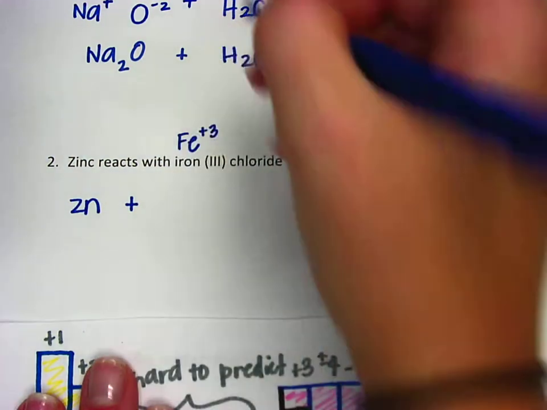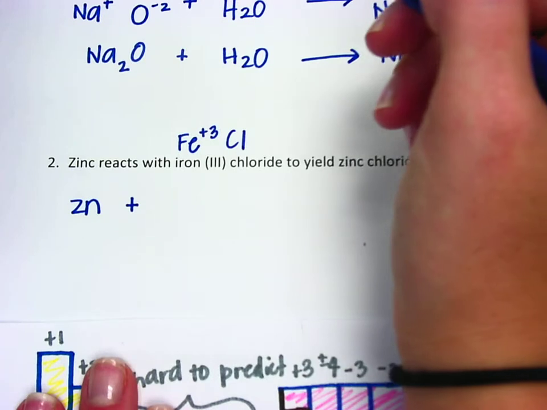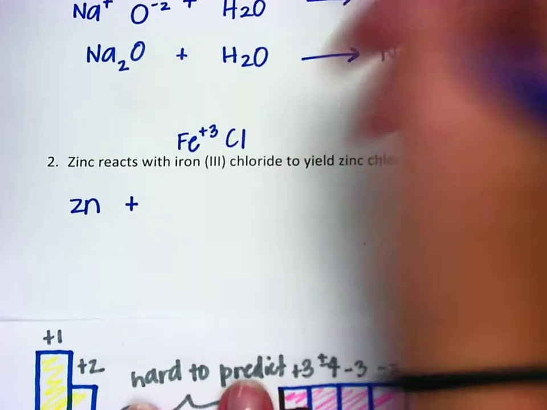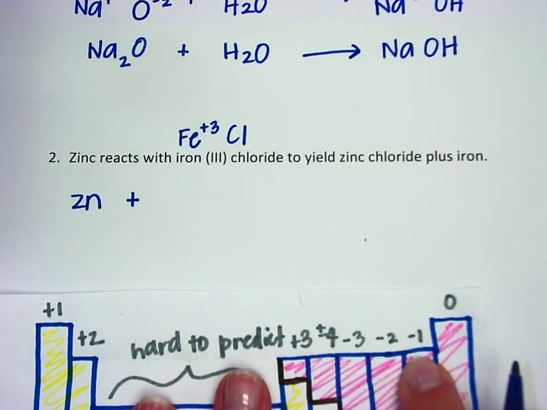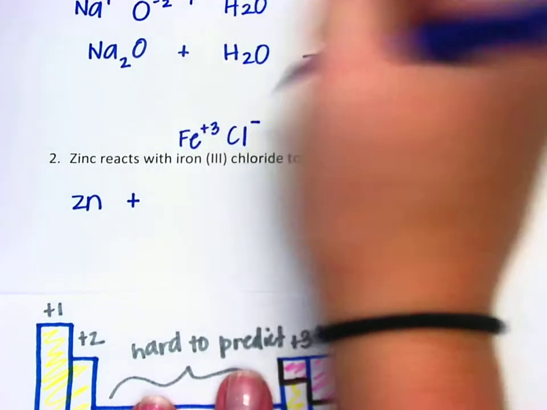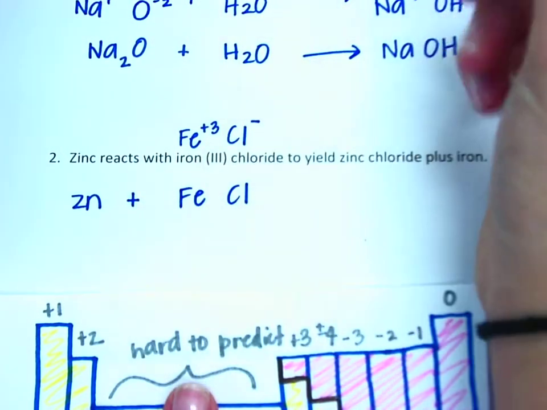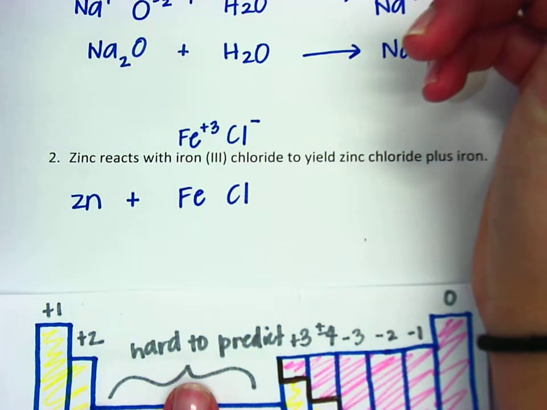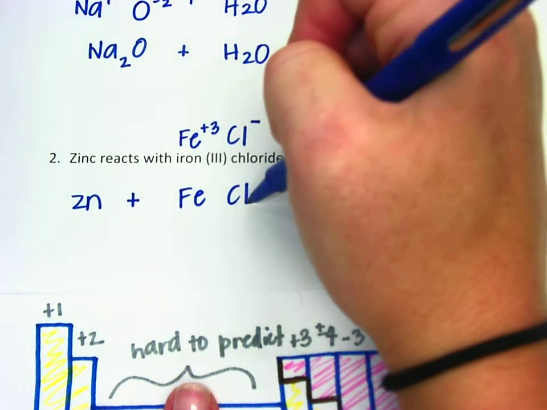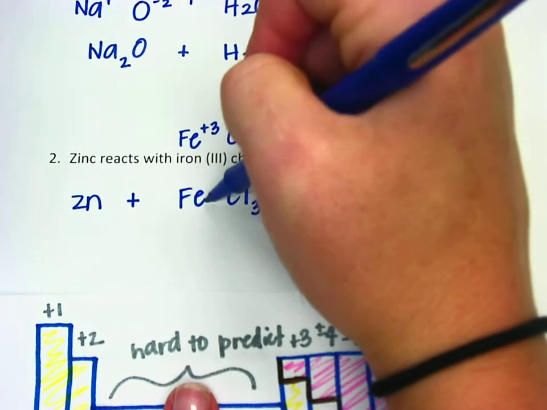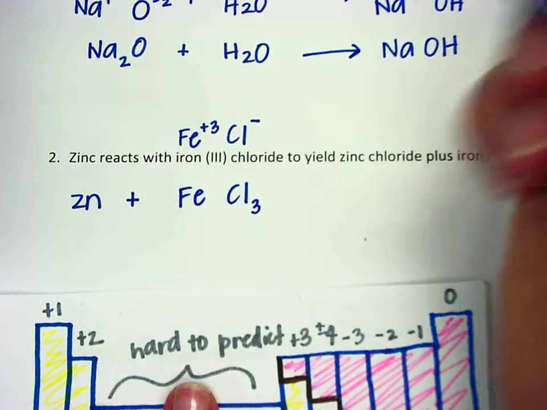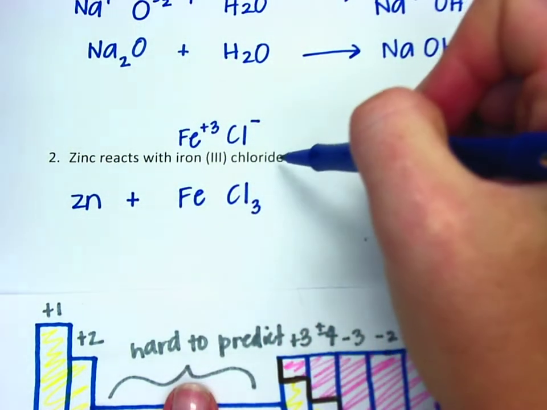Chloride is the same thing as chlorine, and that chlorine will have a -1 charge because it's in group 17. So I'm going to crisscross the charges. And I know to crisscross because I put 2 things together. So the 3 will come down here. The 1 would go down there. I don't have to write it. So that gives me zinc reacts with FeCl3.